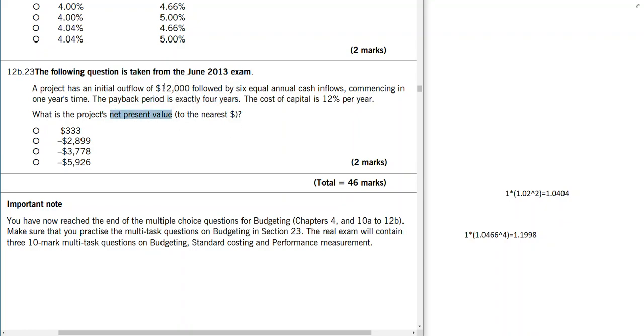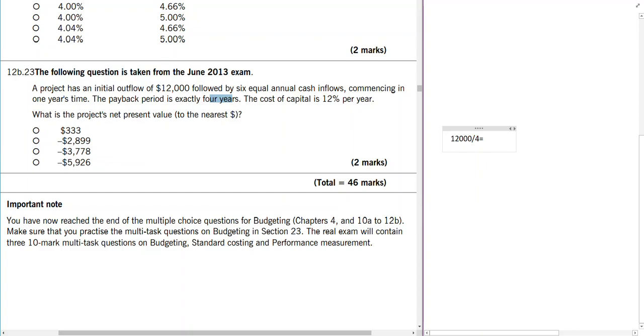Okay, so we have an outflow of 12,000 and 6 years of the same cash flows. The cash flow is not given, but it is told that the payback happens in 4 years. If the payback happens in 4 years, if I divide 12,000 by 4, it will give me the annual cash flows, 3,000. So we are receiving 3,000 every year at 12% annuity for 4 years.